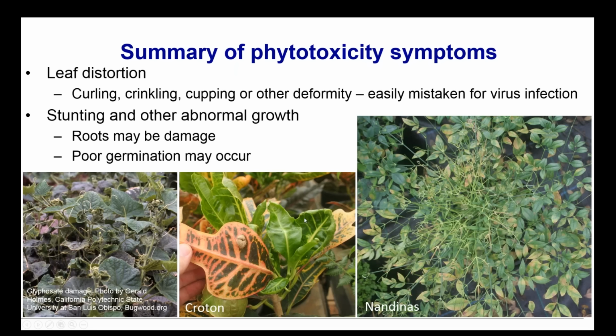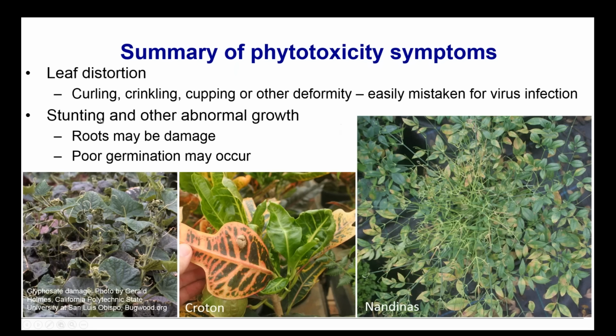And so you can see the cupping, there was even this woody growth. It was acting as a growth regulator effectively. And at first, that's what we thought it was, but it just didn't make sense with the symptoms. And that's part of the reason we're going to talk later about diagnosing problems generally, so that you can rule out different factors and make new theories and come to a better conclusion.